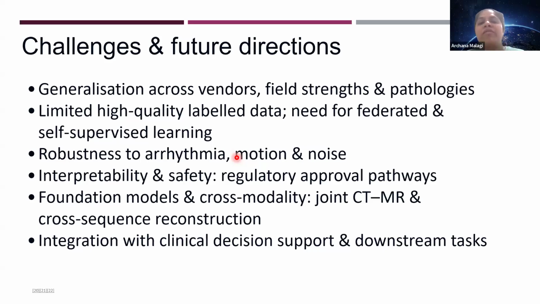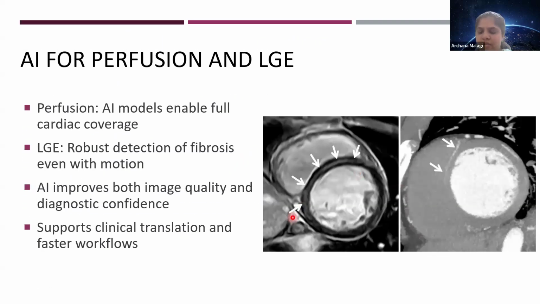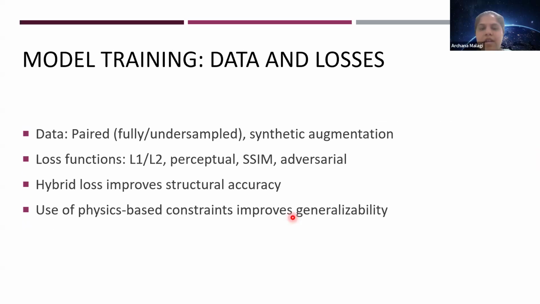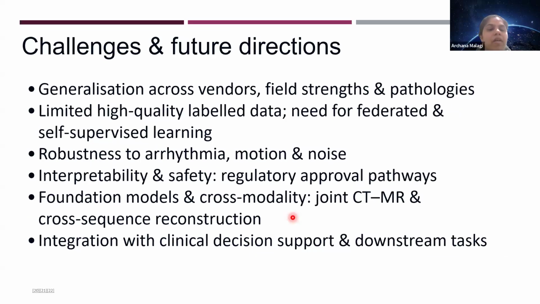For example, 1.5 Tesla and 3 Tesla are very commonly used for cardiac MRI, and different pathologies. So you also need to add different diseased cardiac images so that the model knows, okay, this is how the pathology contrast looks. If you put that in your training data set, it helps the AI model get more realistic images.